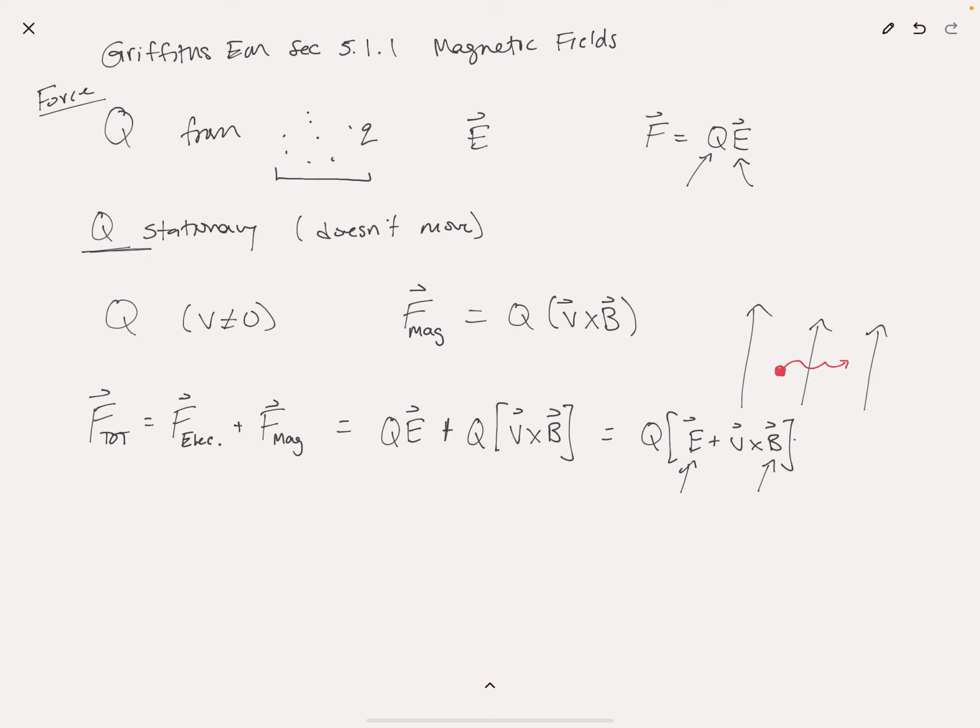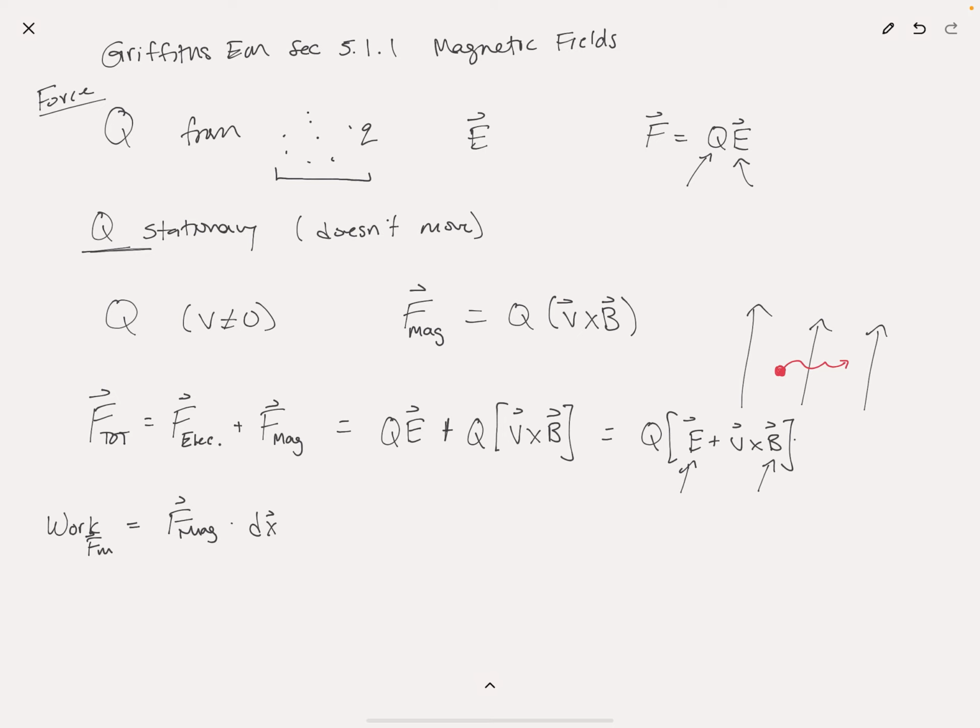Griffiths makes a big deal about the fact that magnetic forces do not actually do work. So let's just give my version of that argument. If I'm going to calculate the work from the magnetic force, I will calculate the magnetic force dotted with some displacement.